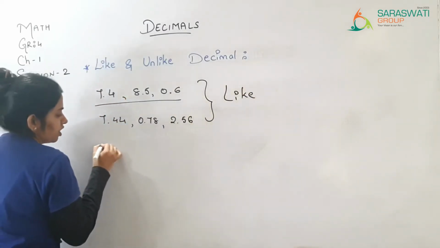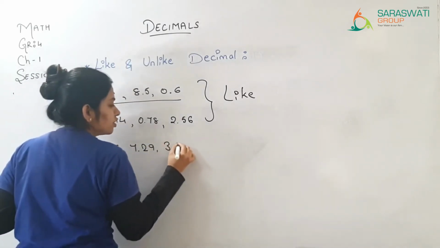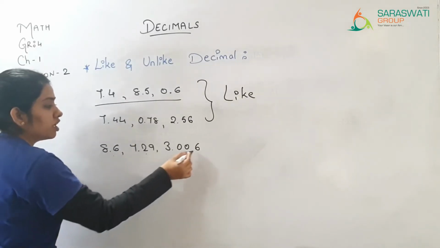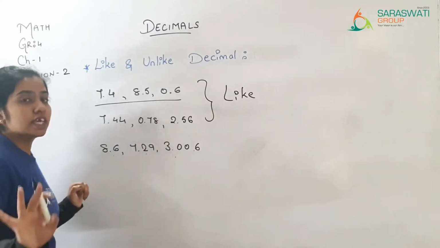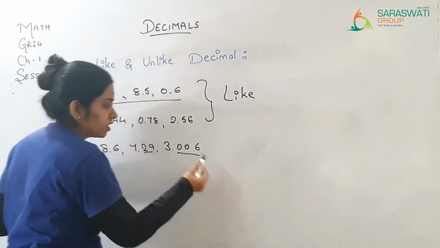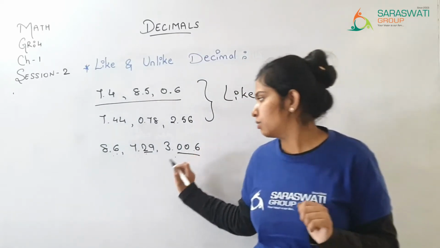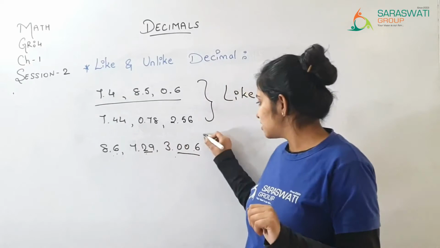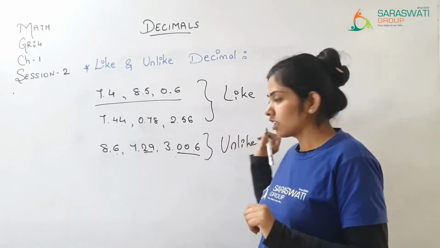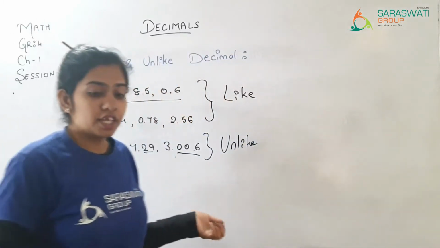And if I am writing over here 8.6, 7.29, 3.006, you can see we don't have an equal number of digits after the decimal. That is, after the decimal point there is 1 digit here, 2 here, 3 digits here. So we don't have an equal number of digits after the decimal point, right? So this fraction is known as unlike fraction.